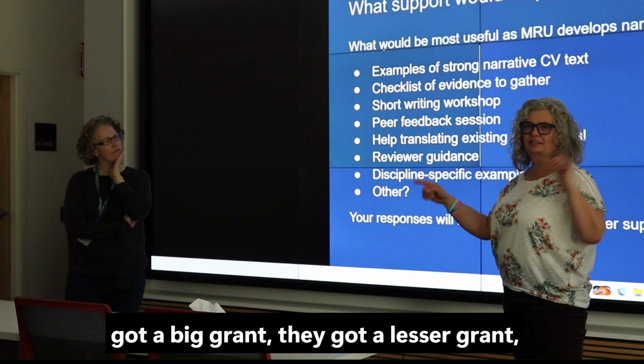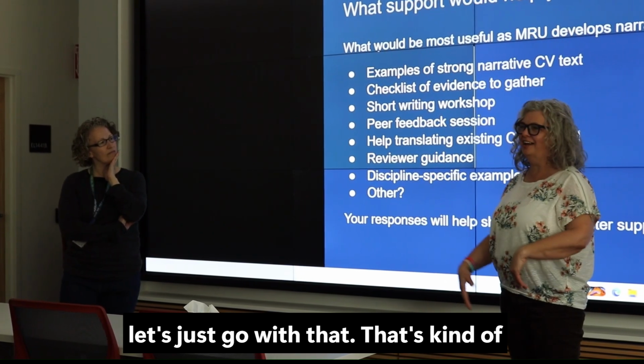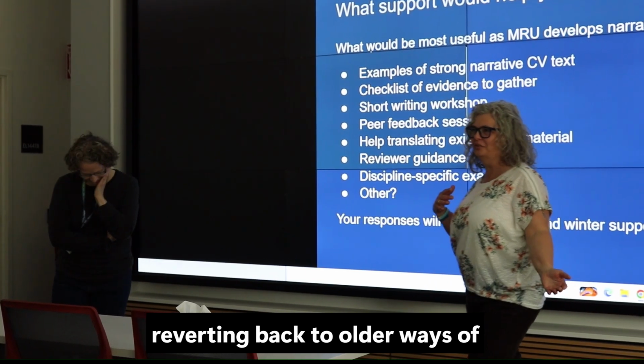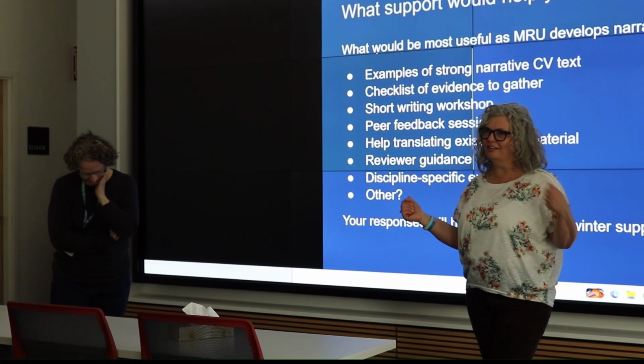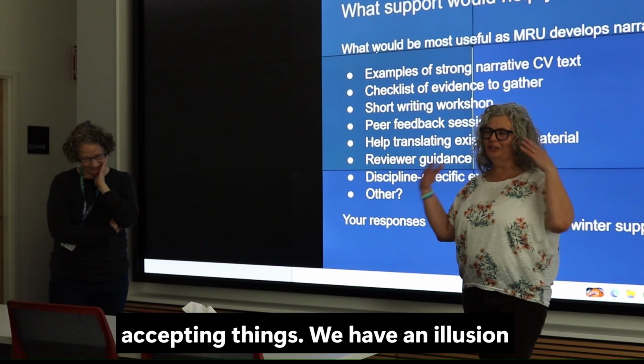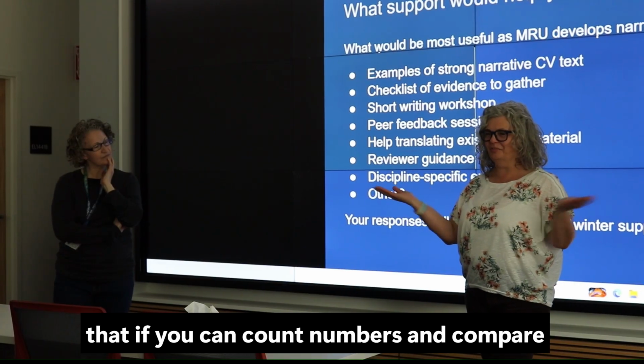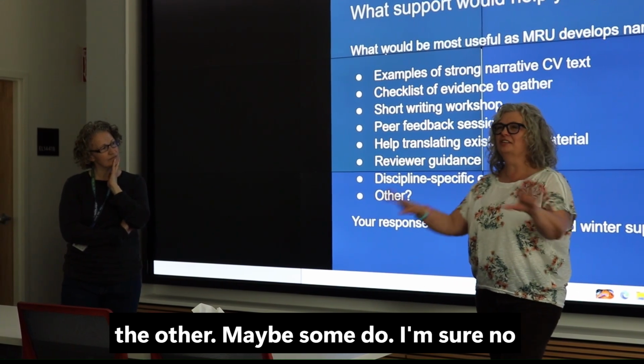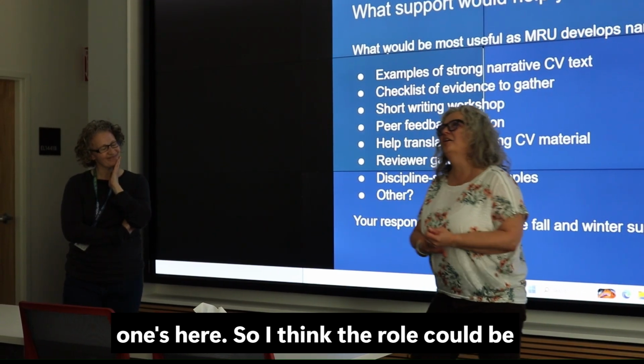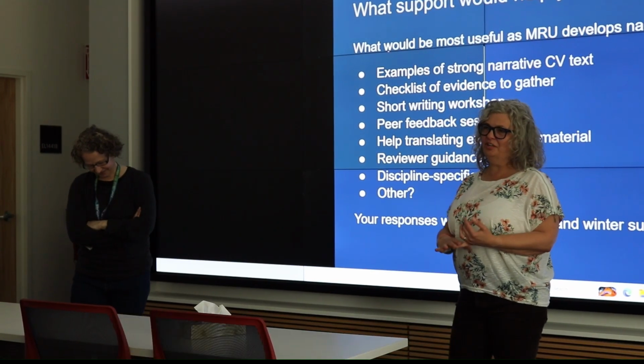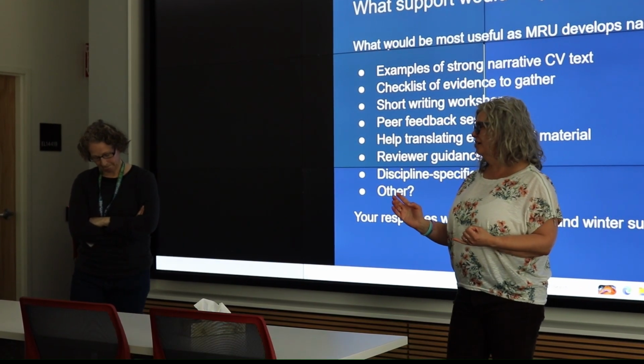They got a big grant, they got a lesser grant, let's just go with that, you know? That's kind of reverting back to older ways of assessing things. Like, we have an illusion that if you can count numbers and compare them, that means one is better than the other. Maybe some do. I'm sure no one here, but so I think the rollout could be rocky for various reasons.